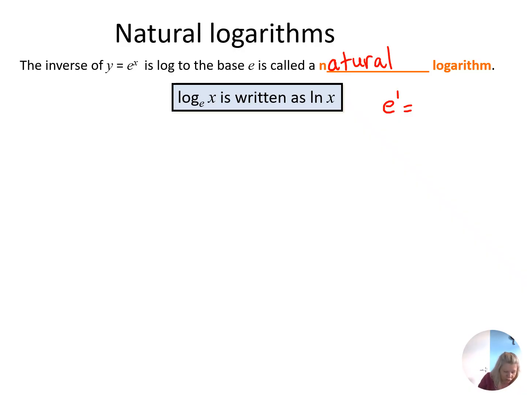It should come up as 2.71828, etc. It goes on forever. It's like pi. They're both irrational numbers.